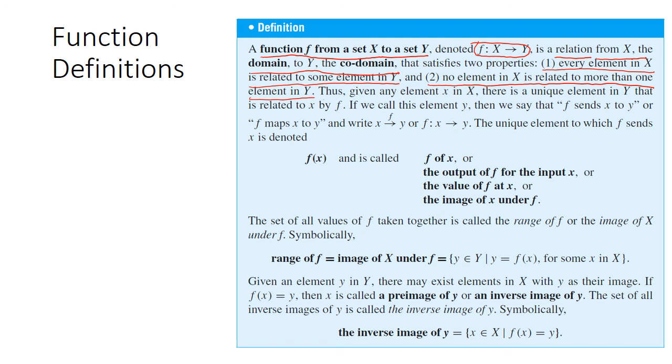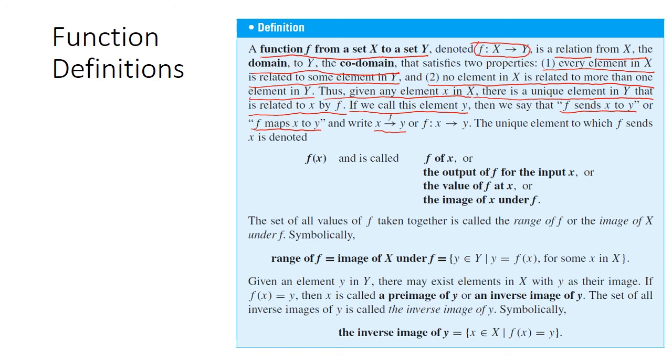In other words, given any element little x in big X, there is a unique element in big Y that is related to little x by f. If we call this element y, then we can say that f sends x to y, or f maps x to y, and we can write it in these different ways. We can write x arrow y with the f over the little arrow.